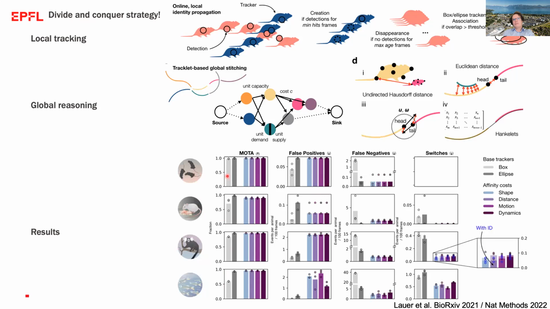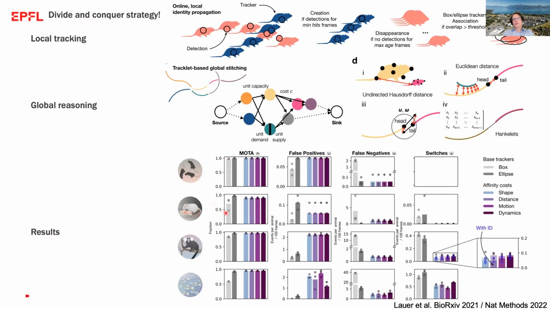And we can see that the gray part is concerned with the local trackers. Here we see that for the mice, we already achieve very high accuracy of MOTA with the local trackers, very close to 1, both for the box and for the ellipse.